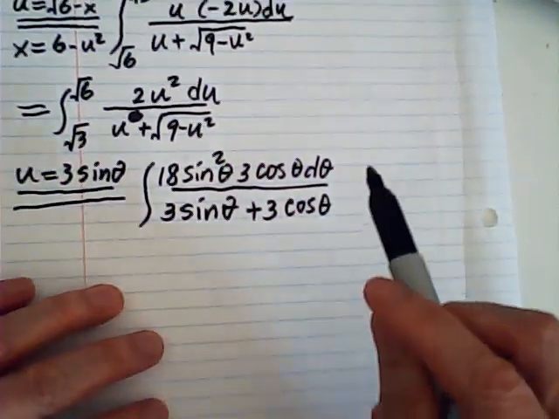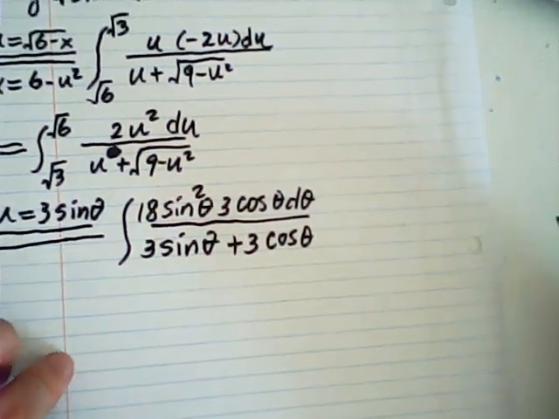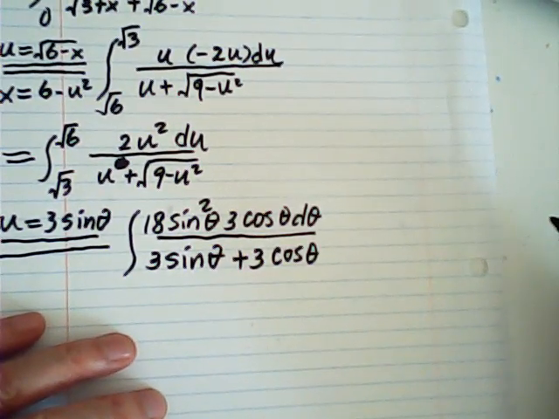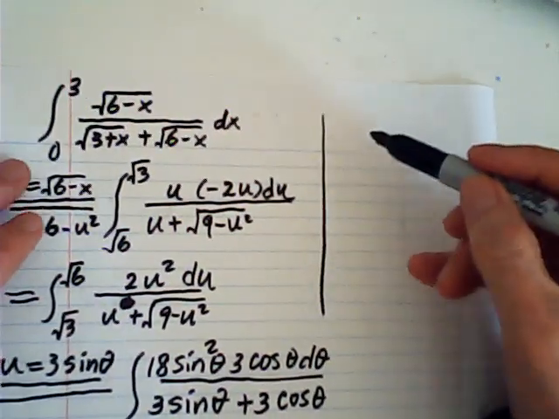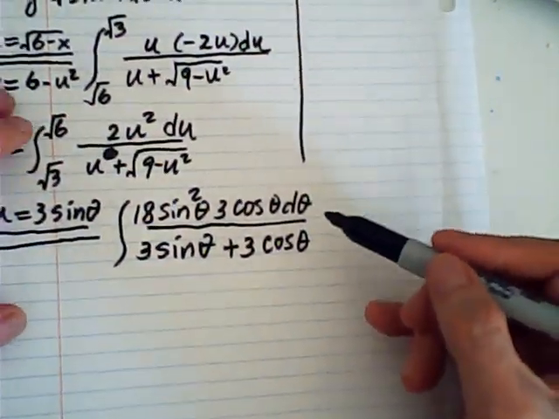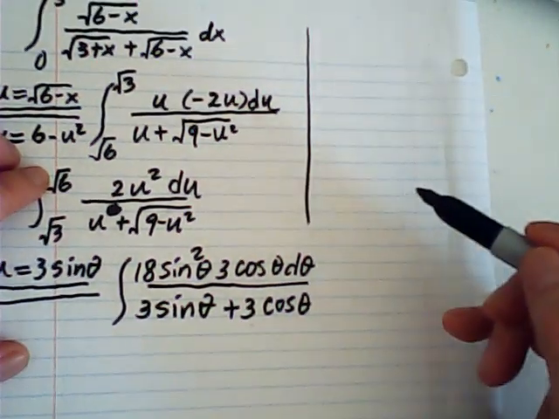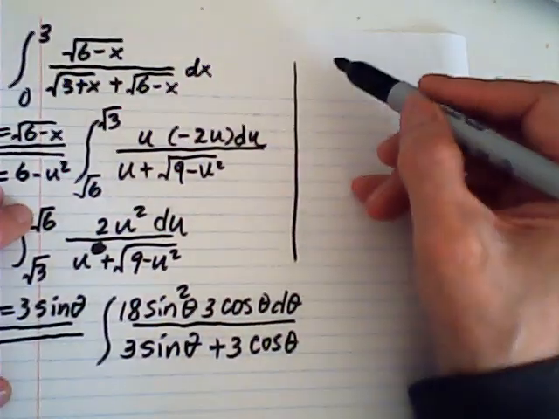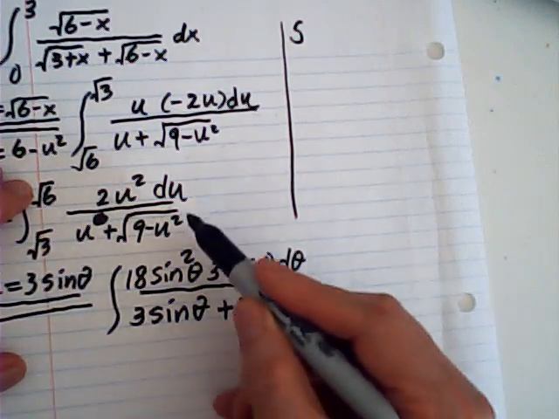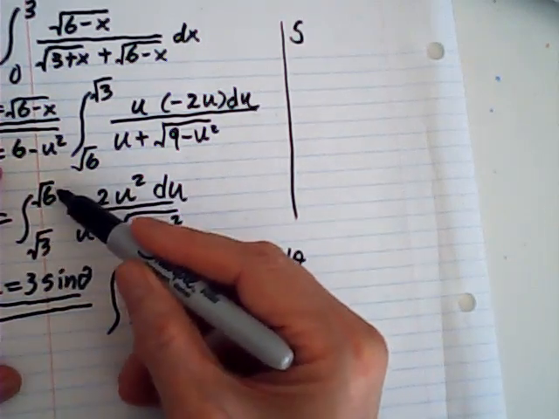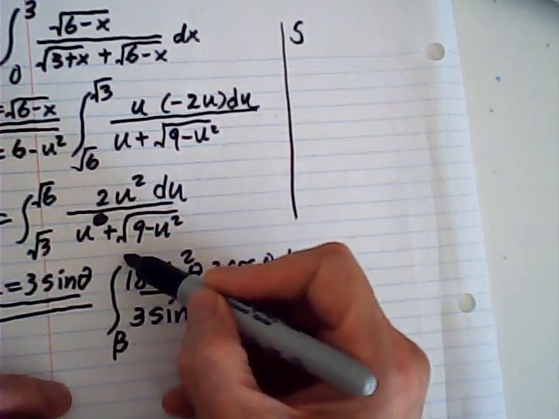Very good. Now the problem is to convert these limits, root 3 to root 6. Here I converted the root 3 to root 6 by angle, say from beta to alpha.